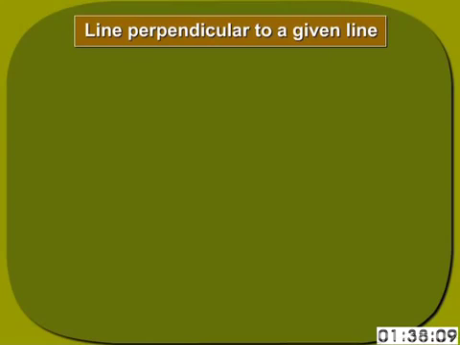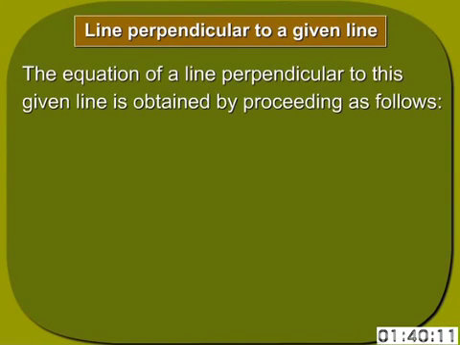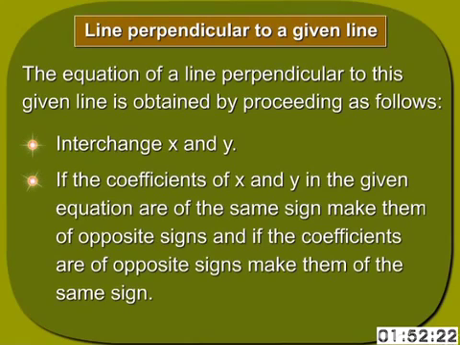Suppose we have a line in general form, then the equation of a line perpendicular to this line is obtained by proceeding as follows. First, interchange x and y. Second, if coefficients of x and y in the given equation are of the same sign, then make them of opposite signs, and if the coefficients are of opposite signs, make them of the same sign.